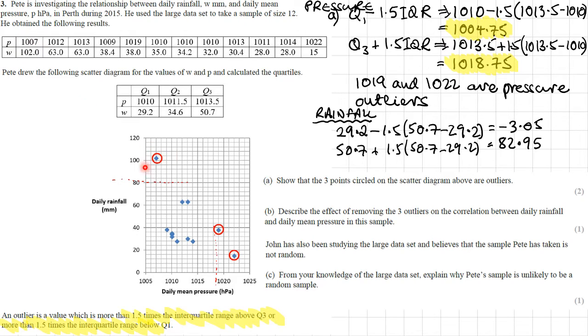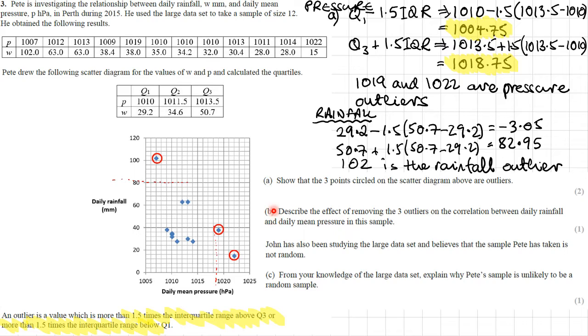So this one, the 102, is a rainfall outlier. So we've shown that those 3 points are basically outliers.